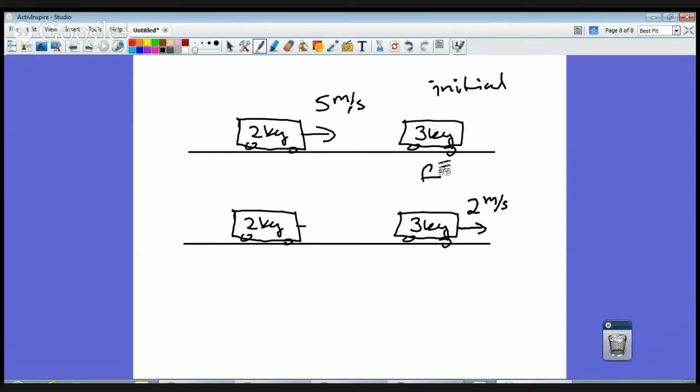This is the final, and then the question is, well, what is the velocity? So the speed, and this one right here is at rest, right? So the question is, well, what is v prime here? What's the direction and the speed? And then we could also ask, well, is it elastic or inelastic?